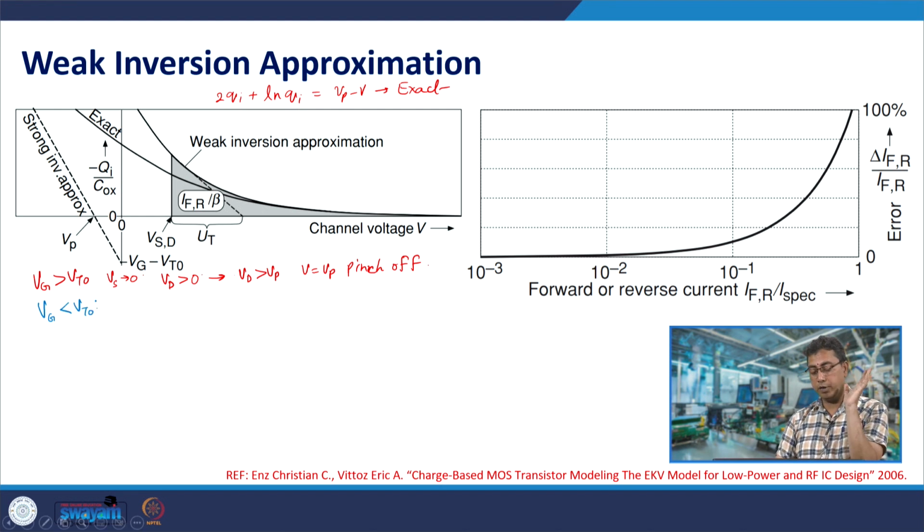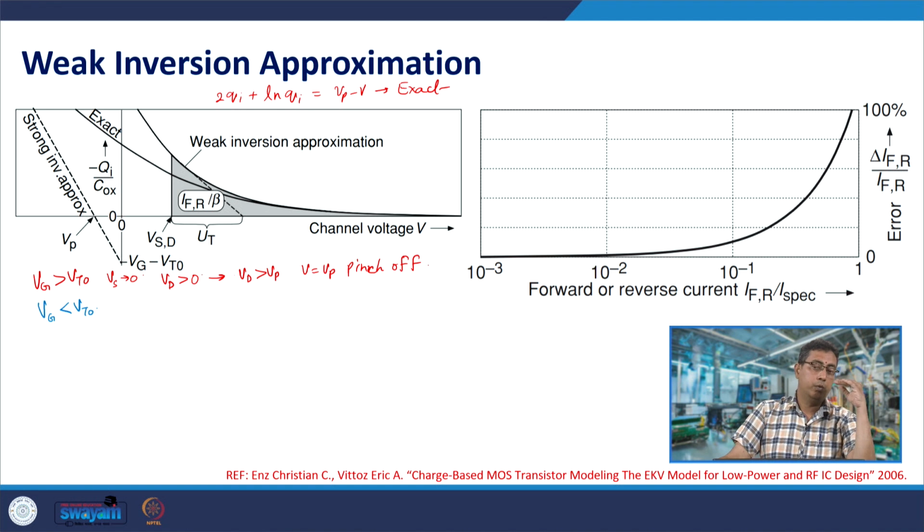Now, strong inversion approximation is not valid. So, Vg is now smaller than Vto. What would be the value of Vp? If you assume a constant slope factor, then you can see that Vp would be negative. What do you mean by this?